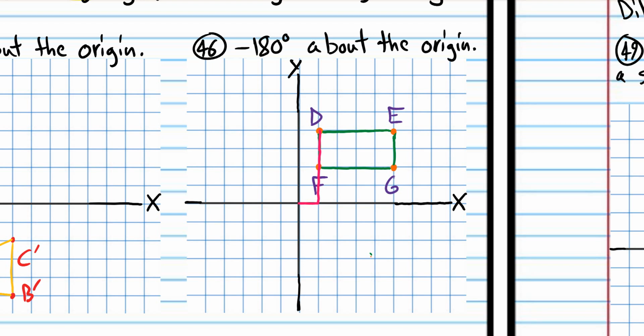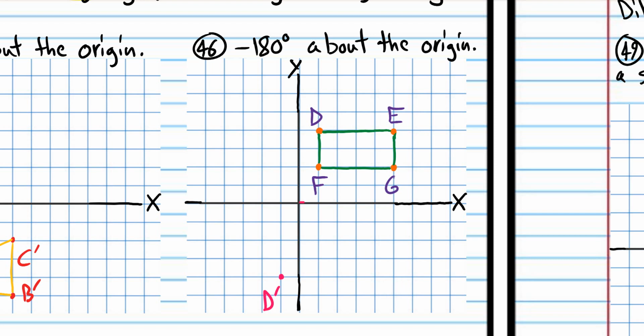So if you rotate that 90 degrees to the right, then you go down 1 and over 4. And if you rotate it again, then we're going to go out 1 and down 4. And so that is our point, D prime.